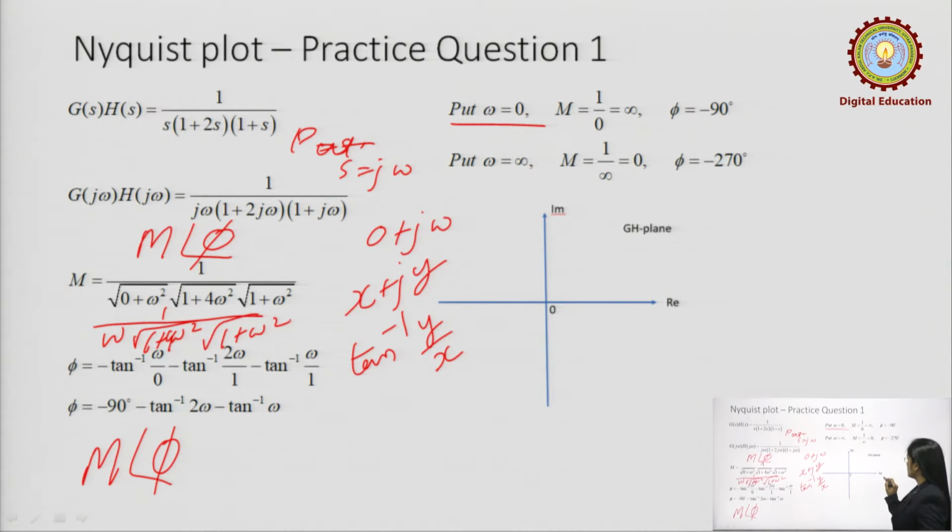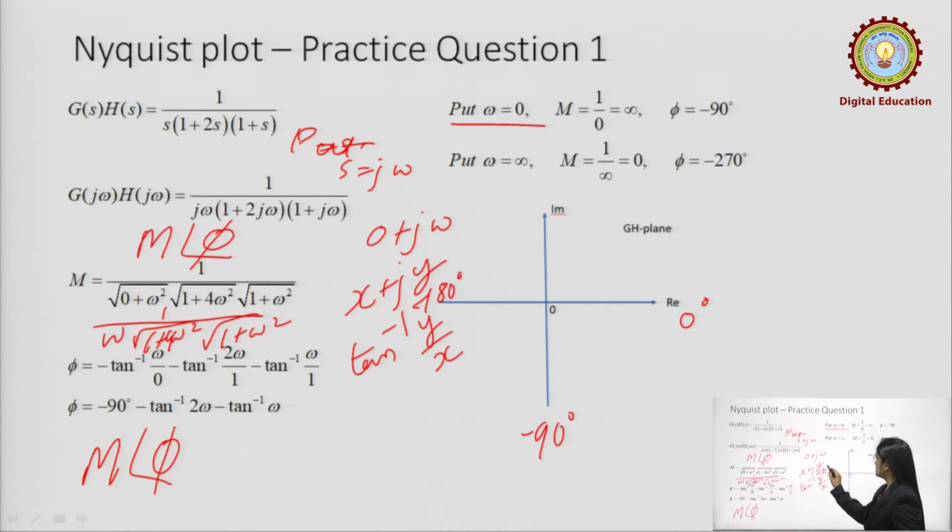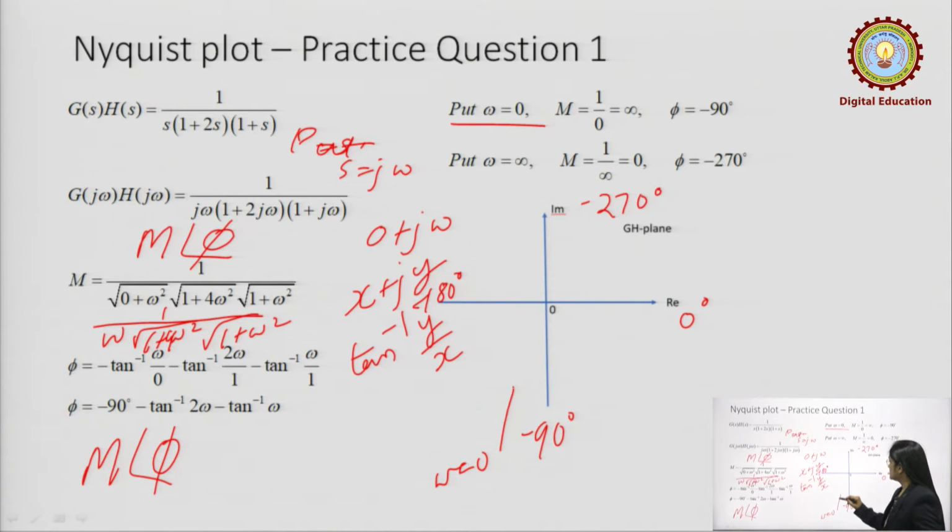So, this is 0 degree, minus 90 degree, minus 180 degree, and this is minus 270 degree. That means the plot starts at infinity at omega equal to 0 and at minus 90 degree.